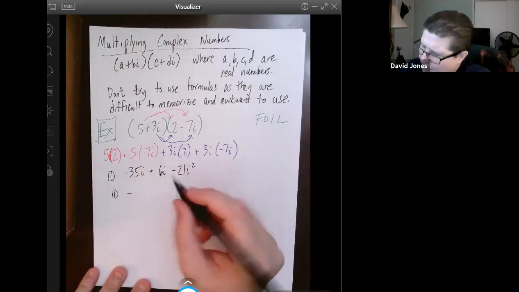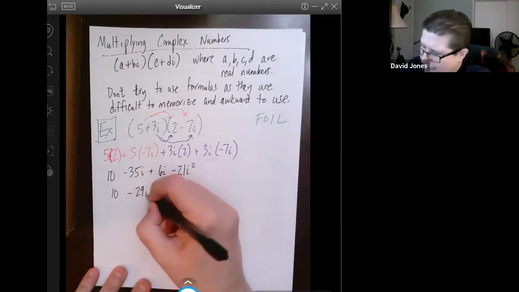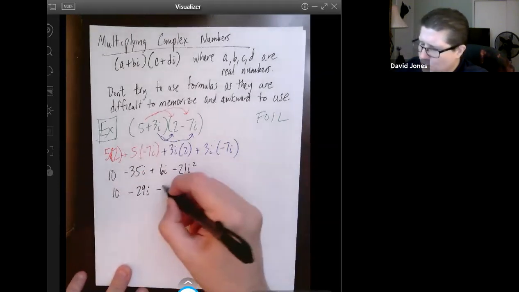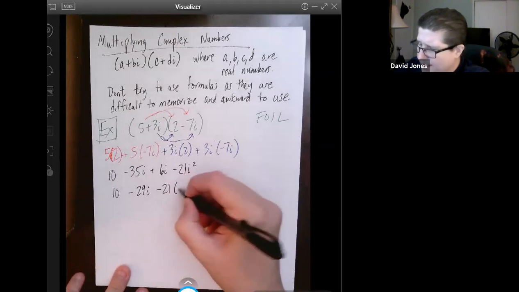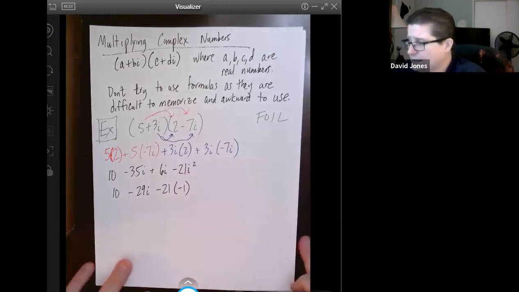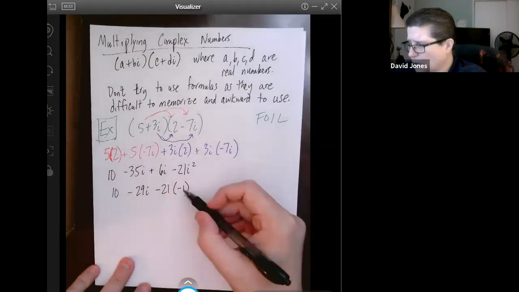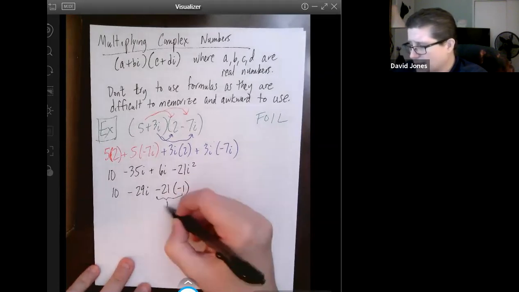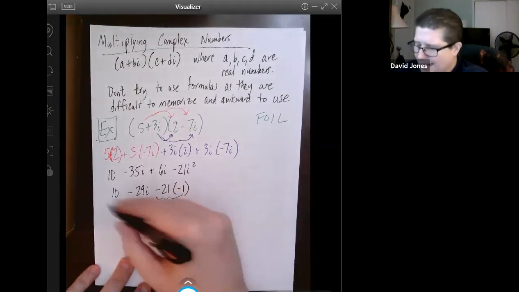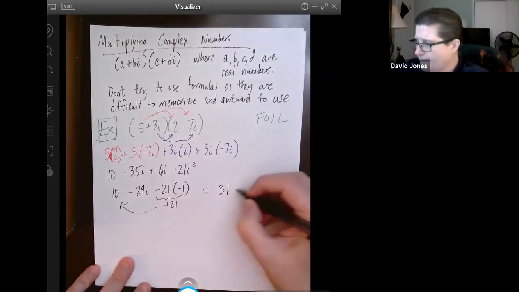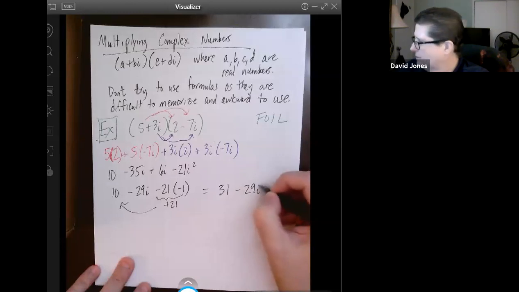Negative 35i plus 6i is negative 29i. We're just adding the values together. And then I've got minus 21i squared, but recall i squared is negative 1, and I'm going to put that in. So I've got negative 21 times negative 1 becomes positive 21. And now I can add that to the 10, and I get 31 minus 29i.